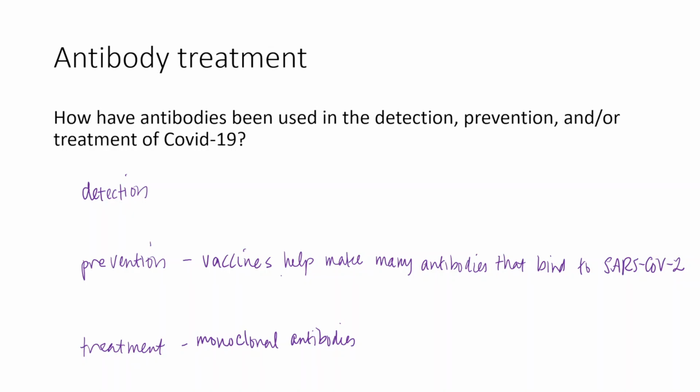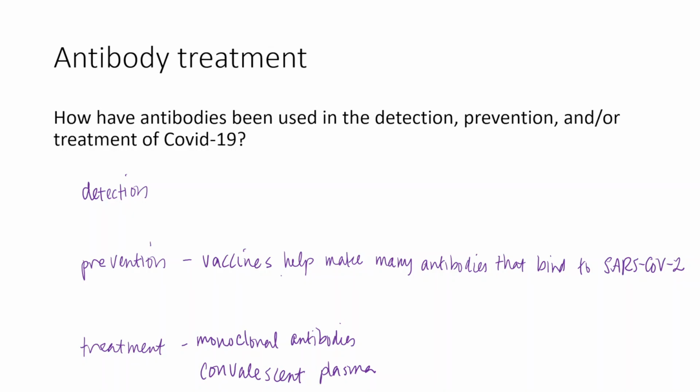Something else that was also used more towards the beginning of the pandemic that also involved antibodies was convalescent plasma. Convalescent plasma is the plasma, or the liquid component of blood, from a person who has recovered from the disease.